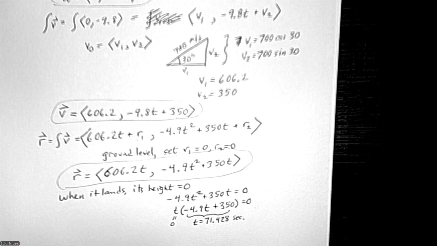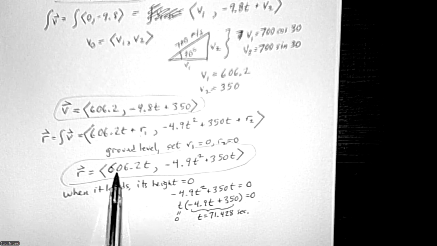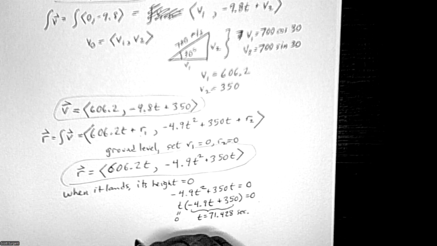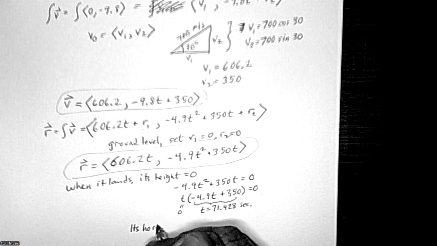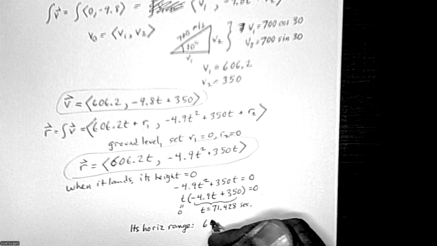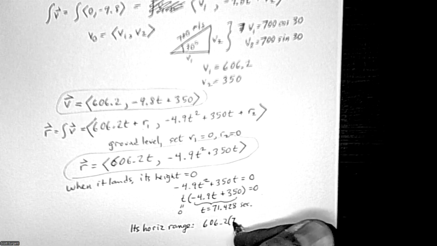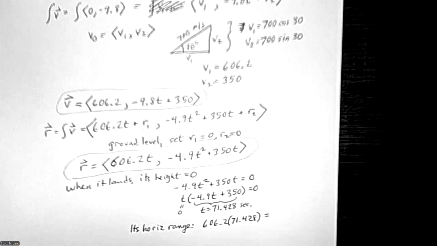Hold on, I'm confusing myself. Give me a second here. Oh, no, no, we're fine. I plug it into the x component. So I want to know how far away. That's my horizontal distance. So the height is 0. The horizontal distance will be this guy. So the question is its horizontal range is the 606.2 times the 71.428, and that will give us the distance.